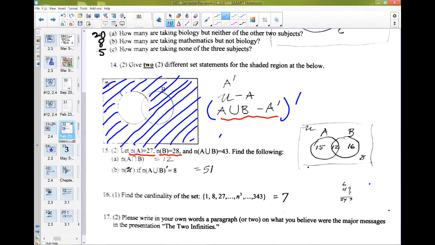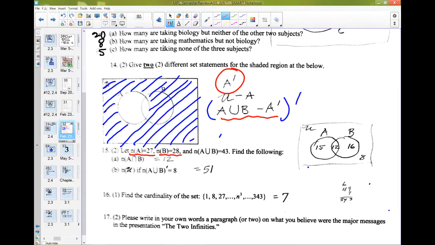By the way, the reason I had to shade this in is that somehow the shading didn't scan. It says give 2 different statements for the shaded region below. Isn't the obvious one everything outside of A? Doesn't that one jump to everybody's mind pretty quickly? I'm pretty sure it does.